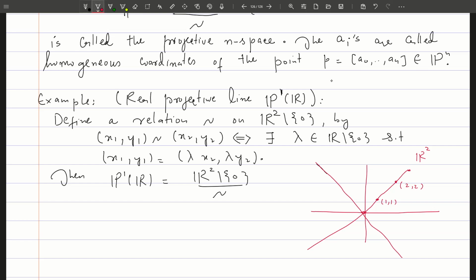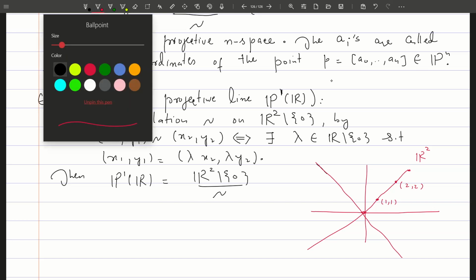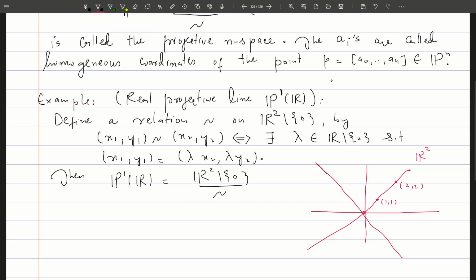So for example, if x is not equal to 0, then we can write xy as 1 times y by x by taking lambda to be equal to 1 by x.